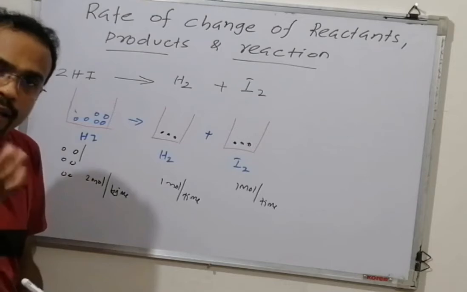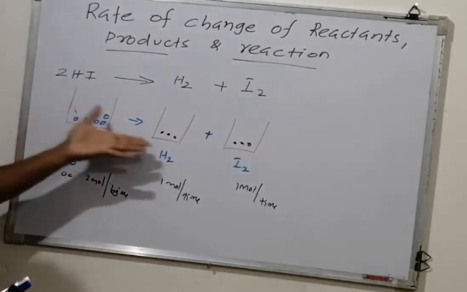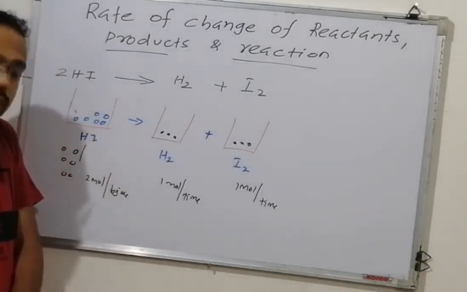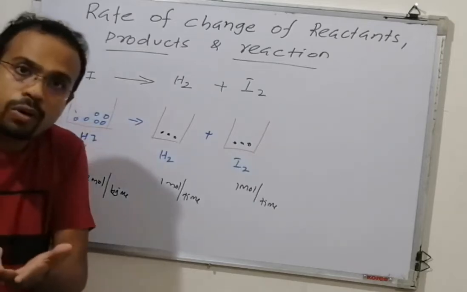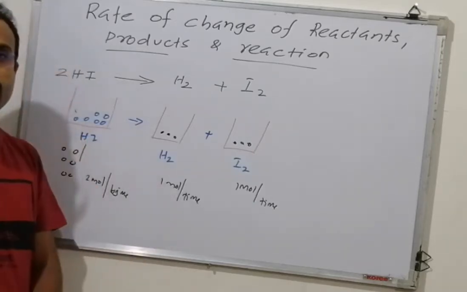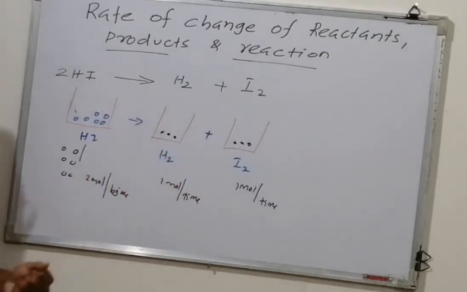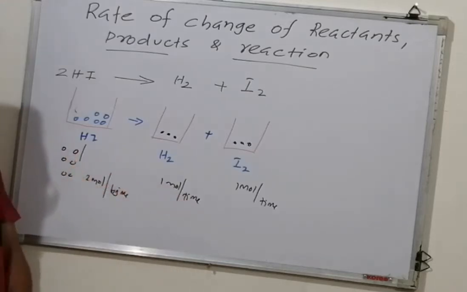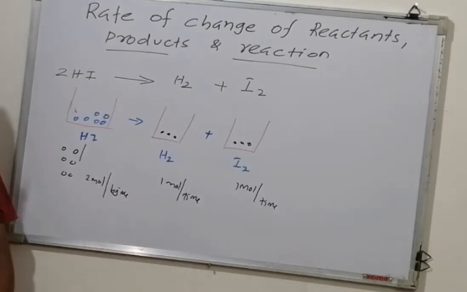My question is, is the rate of change of HI equal to the rate of change of H2 or the rate of change of I2? Tell me, is it equal? No. The rate of formation of products H2 or I2 is different from the rate of disappearance of HI.